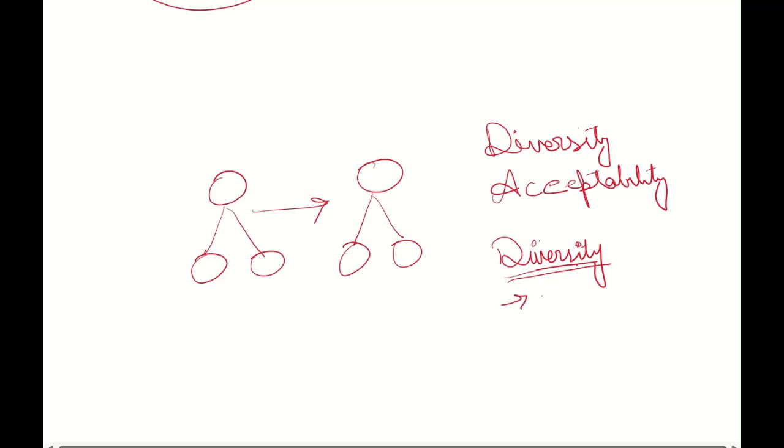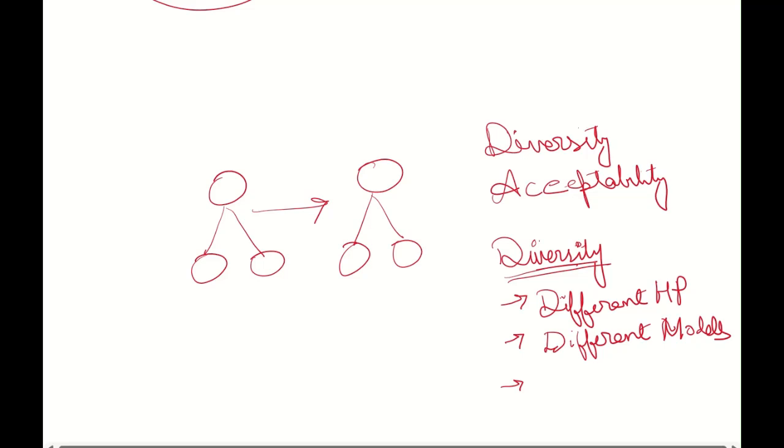One way is to have different hyperparameters for the different models or decision trees that we're building. We can have different models themselves, like naive Bayes and logistic regression working together in order to give a better result when compared to individual models. You can have different data sets, or different chunks of data sets that each model is seeing.